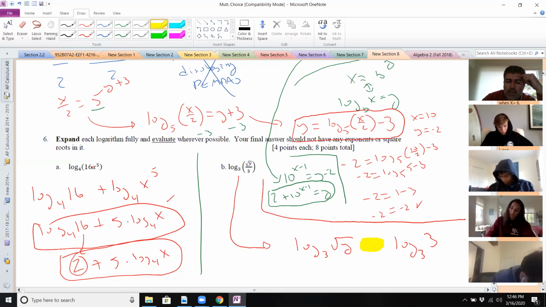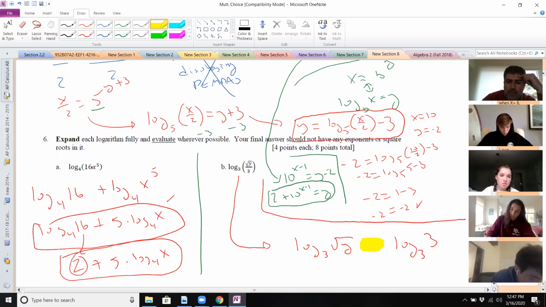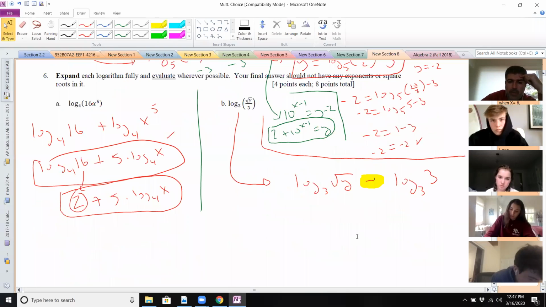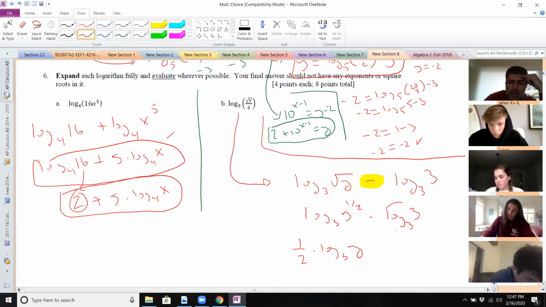What I'm going to put in that highlighted portion there. A minus symbol. Yep, very good. Totally a minus symbol. And then remember, a square root is an exponent. We've talked about this in the previous unit. It's y to the half. So you totally can move that 1/2 to the front. Now this right here, we know equals 1. So I'm going to put -1, and then we are all set.